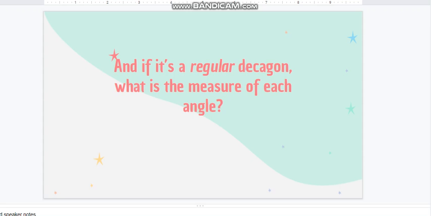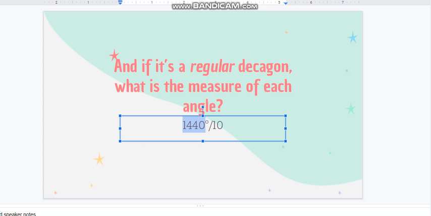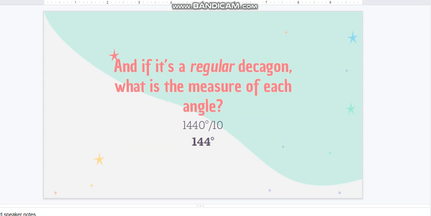So we take the sum of the interior angles and we divide it by the number of angles. They're all going to be equal, so we divide this equally by 10, and that tells us that each angle in a regular decagon is going to measure 144 degrees.